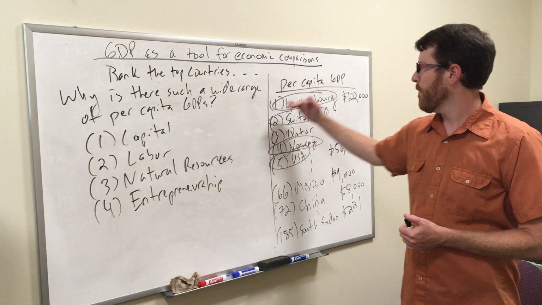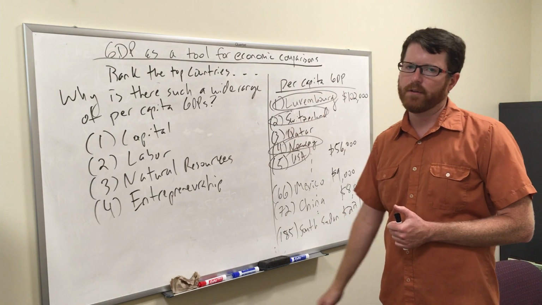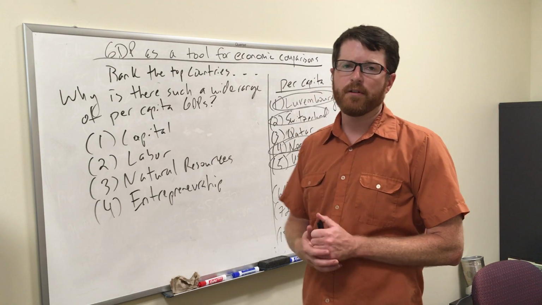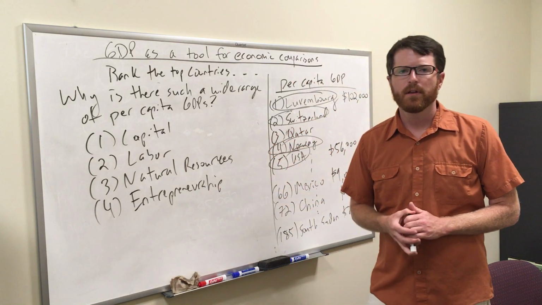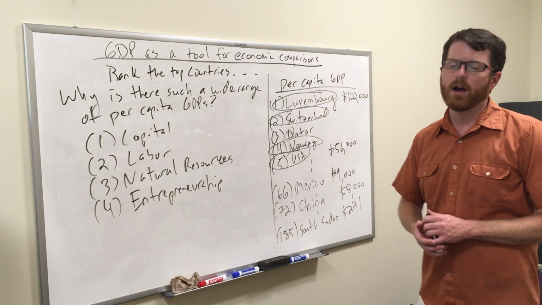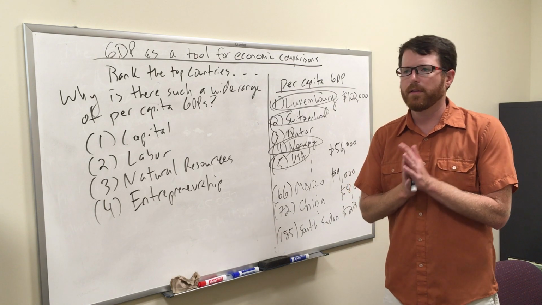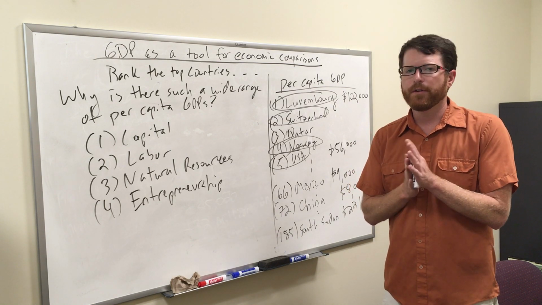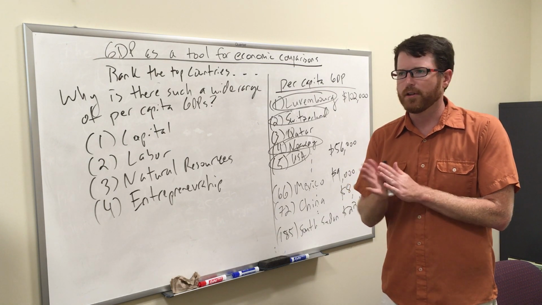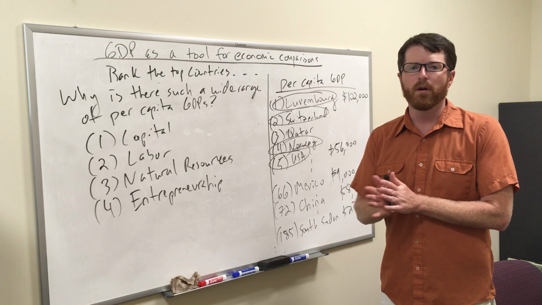Capital. Why would capital in Luxembourg be so much higher than in South Sudan? A lot of it has to do with conflict. South Sudan has had continuous conflict over recent years. They have a very poor political setup, a lot of revolutions, regime changes, a lot of wars.